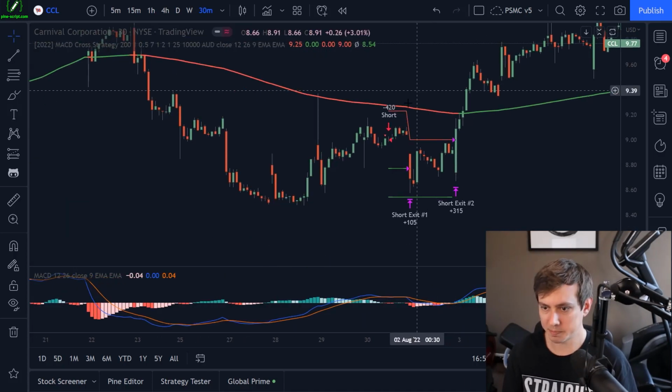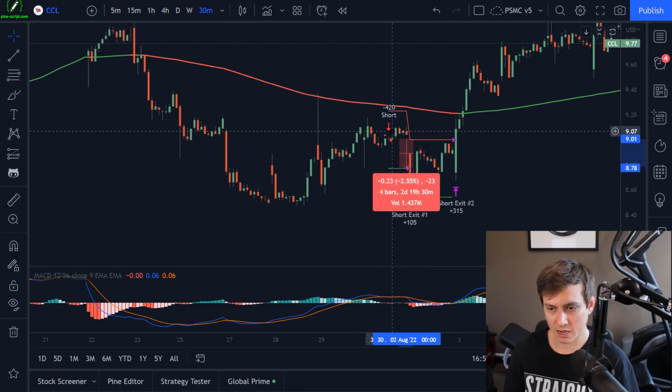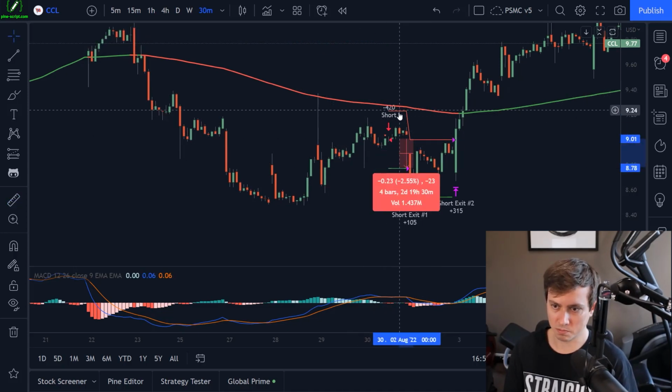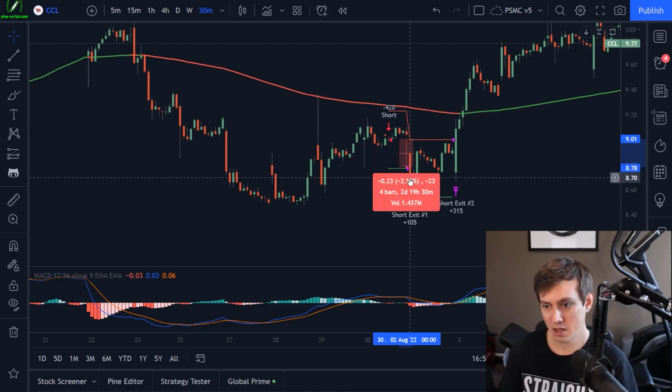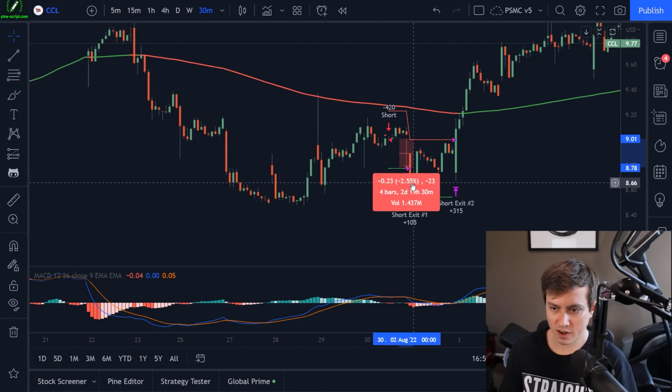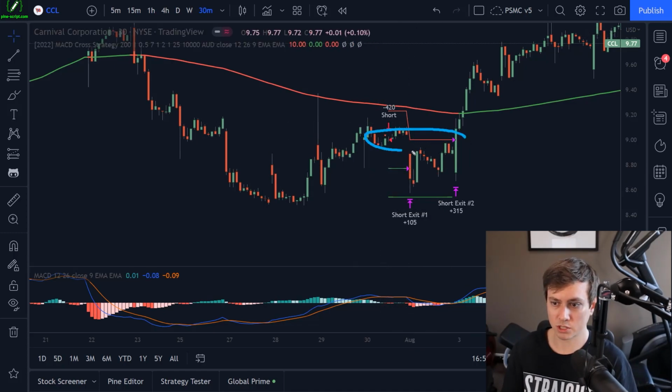So on a percentage basis, on this particular trade, assuming our account balance was $10,000, which it wouldn't be here because we've already taken several trades, we would have made 2.5% on our 25% initial target. And then we will stop down to break even on our second position.